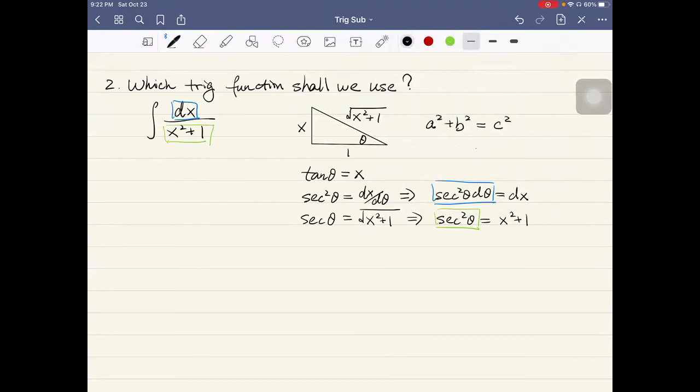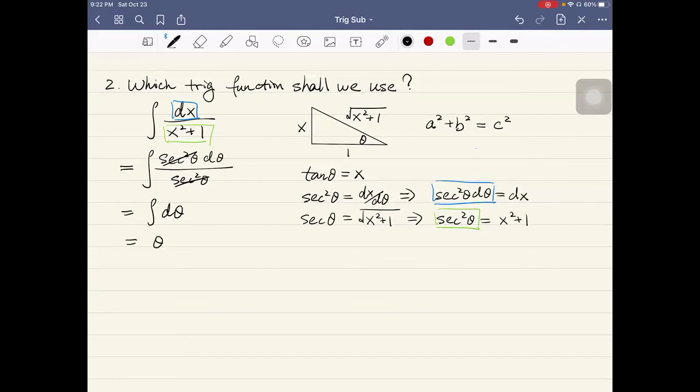Okay, now we can do that. Equal to integral, well, dx is equal to secant squared theta d theta. And then x squared plus 1 is equal to secant squared theta. So secant squared theta and secant squared theta will cancel out. This guy is equal to integral of d theta, which is just theta.